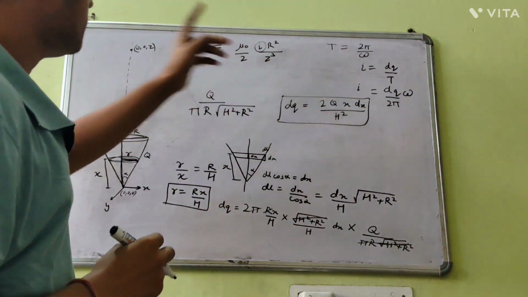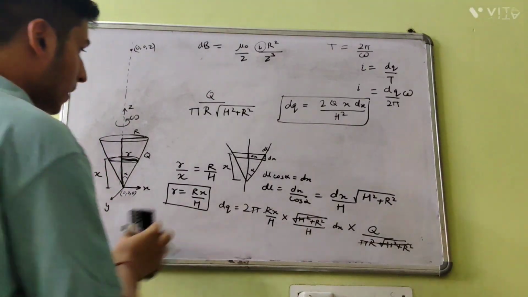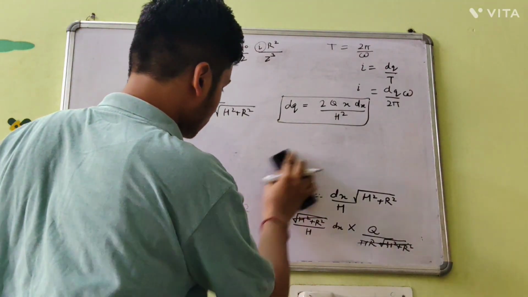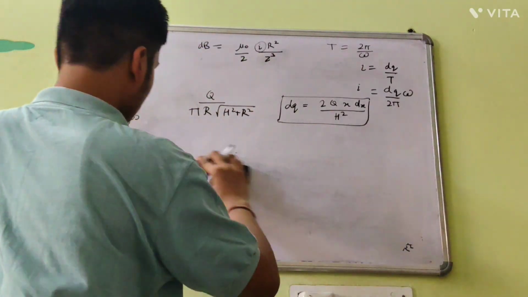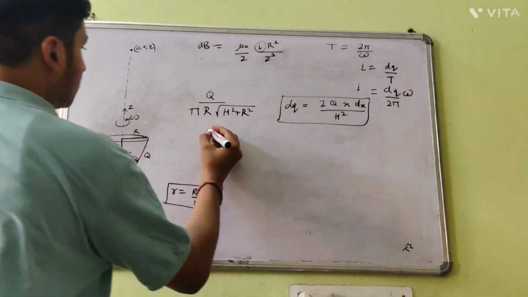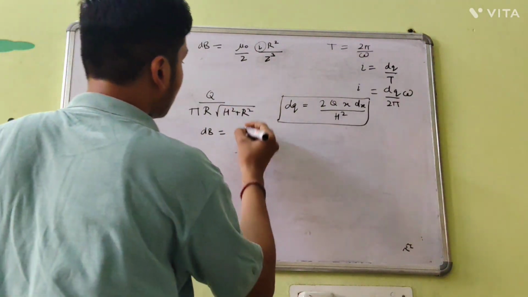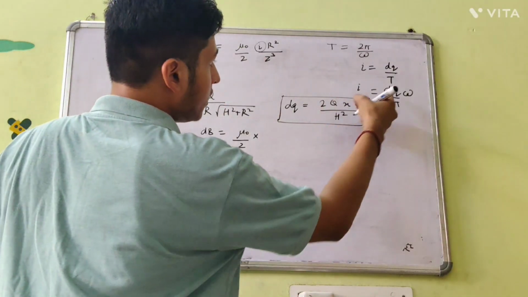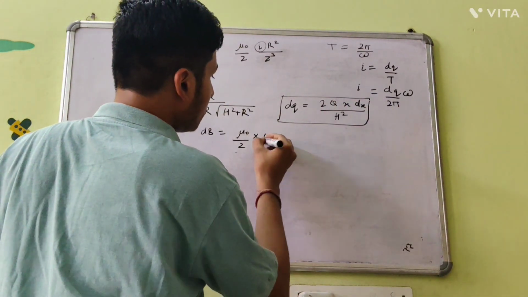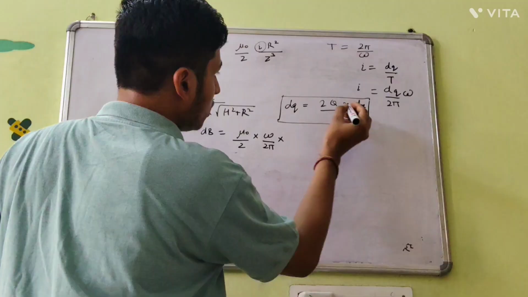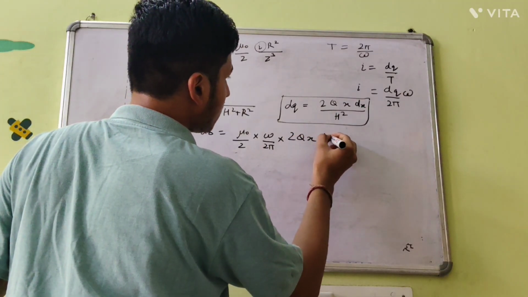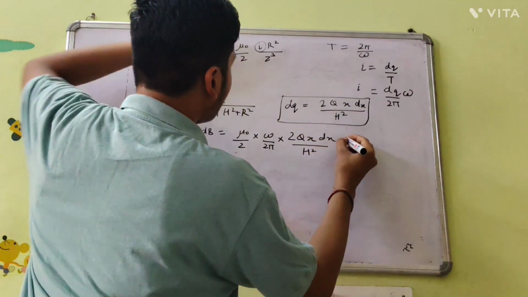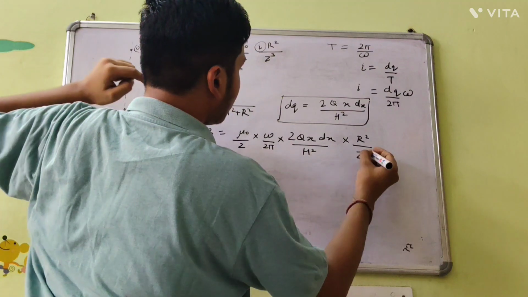Substituting current here, we get dB equals mu naught by 2, I is dq into omega by 2 pi. dq is 2qx dx by h square multiplied by r square divided by z cube.